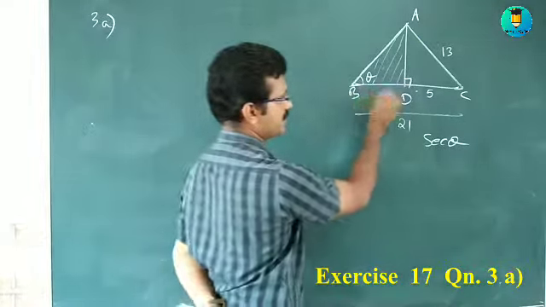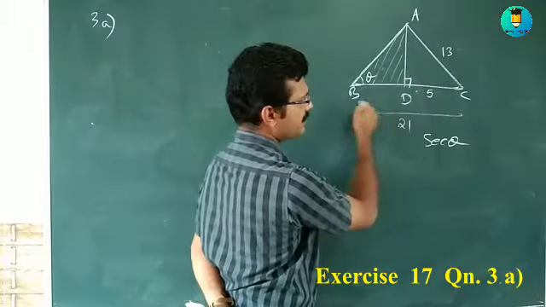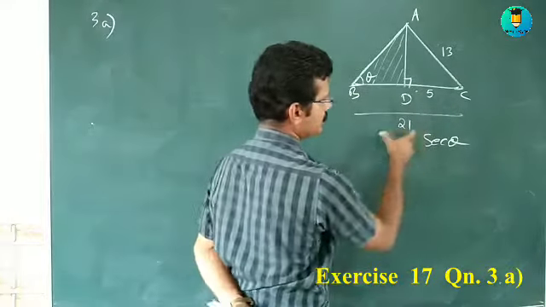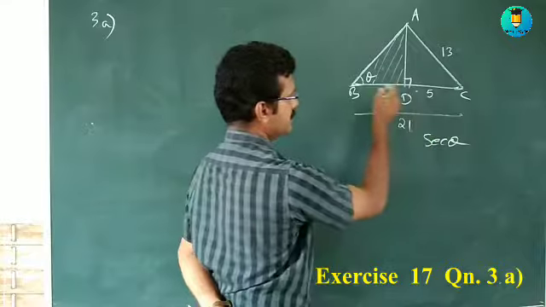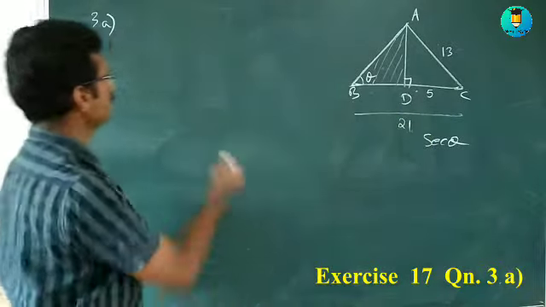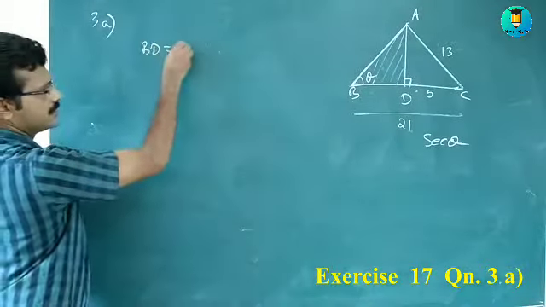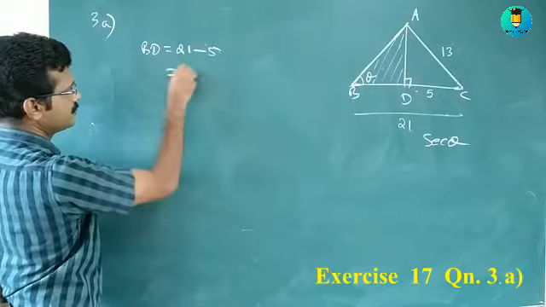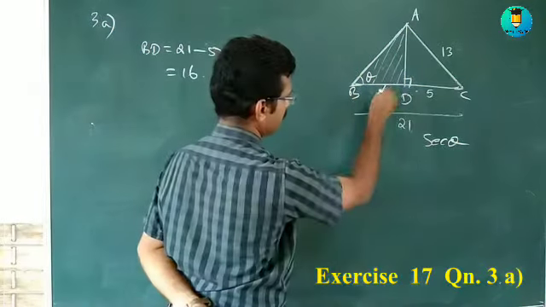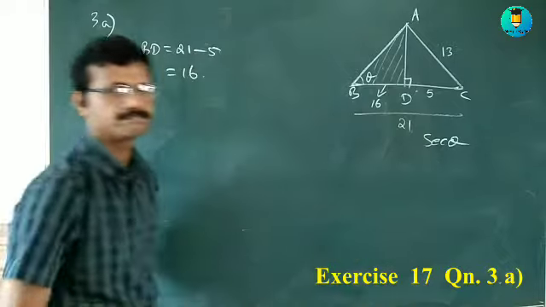With respect to theta, the adjacent side here is BD. Since the whole length is 21 and this is 5, naturally BD from the diagram is 21 minus 5, that is equal to 16. That is BD, we got it as 16.